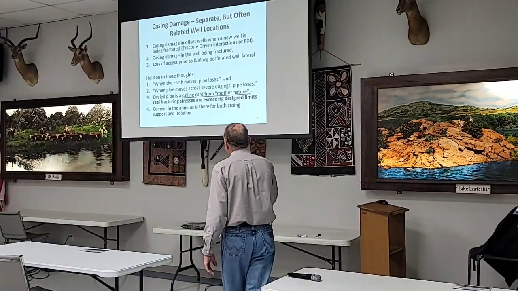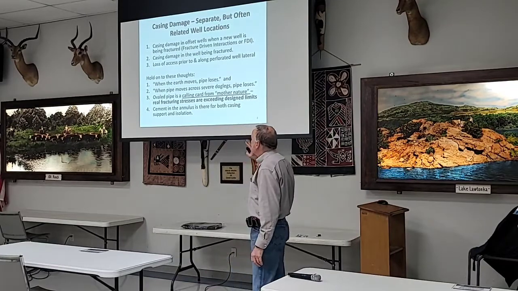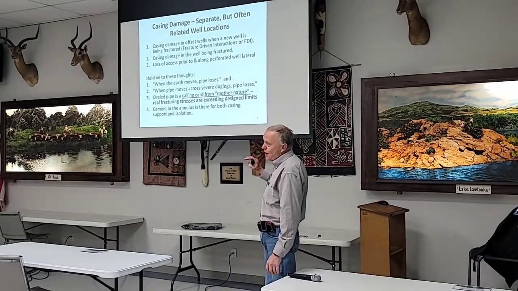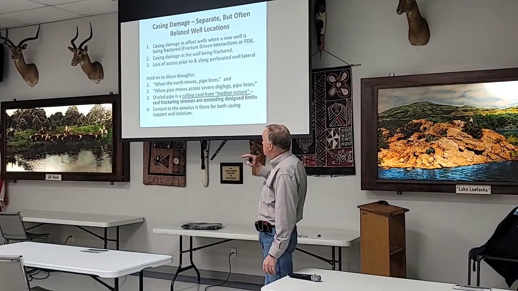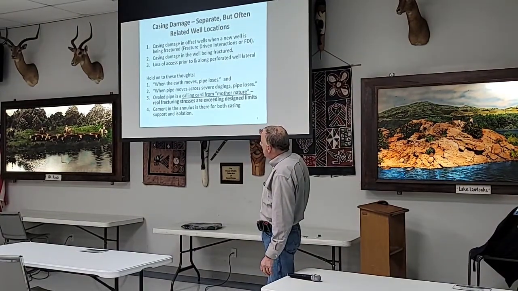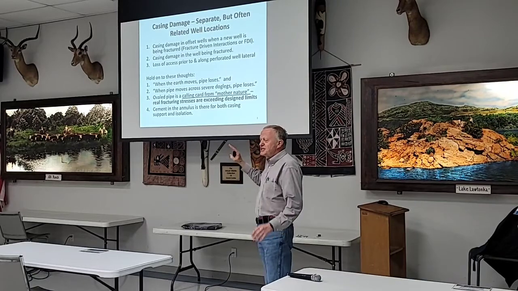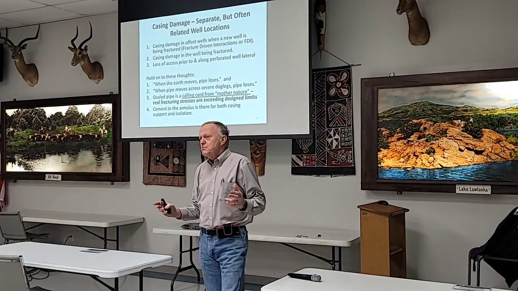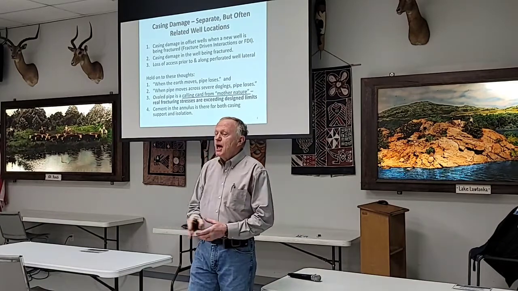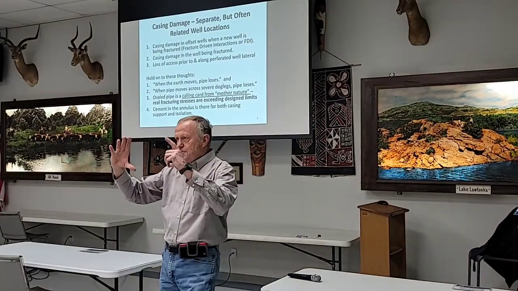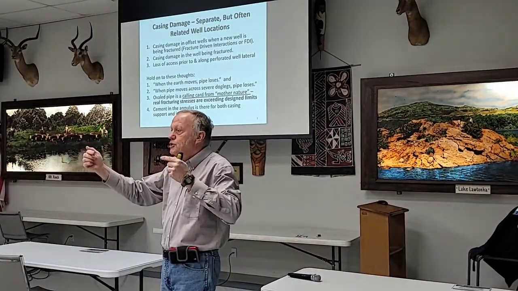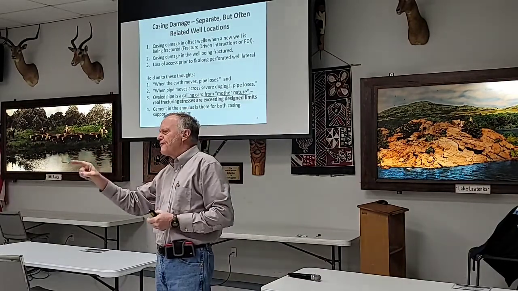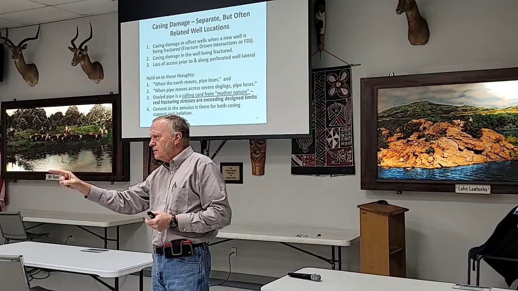All right, now, casing damage in offset wells and casing damage in the well you are fracturing are the things that we've been looking at. And so basically, this does not mean the casing has completely failed. This can be as simple as the casing becoming oval from a non-uniform load that's pushing in, and then you can't get a frac plug down the length of the well.